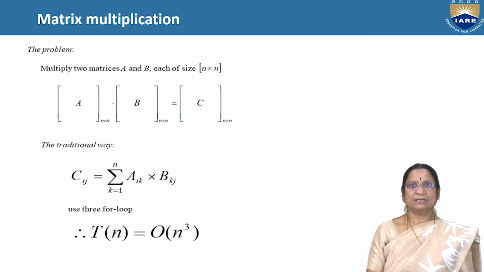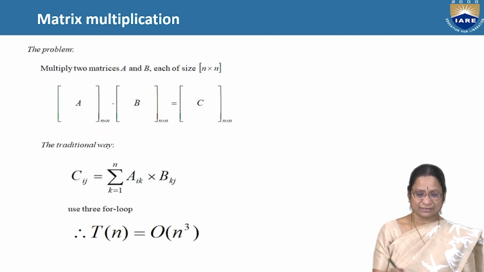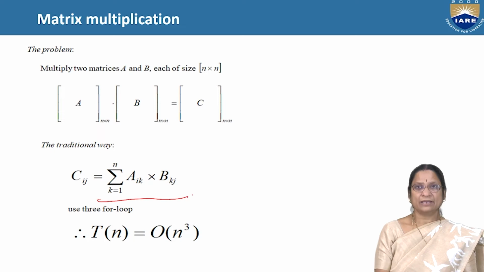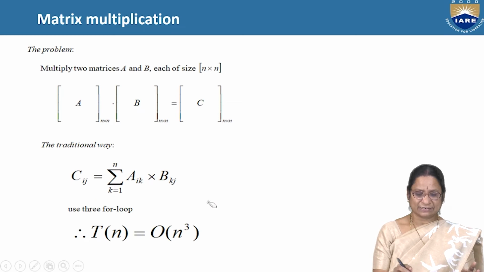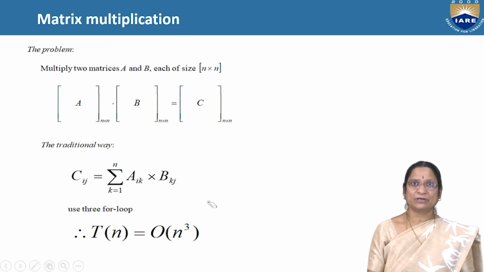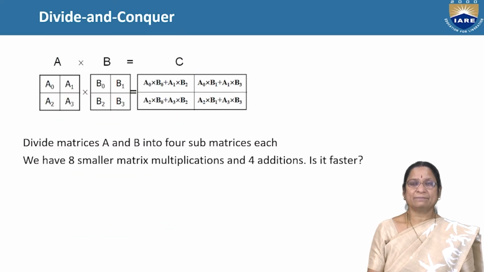So an n by n matrix A multiplied by an n by n matrix B gives C, where C of i, j is the sum for k equal to 1 to n of A i,k multiplied by B k,j. Because of the three nested for loops, the time complexity is T of n equals order of n cube, which is considered a high time complexity.